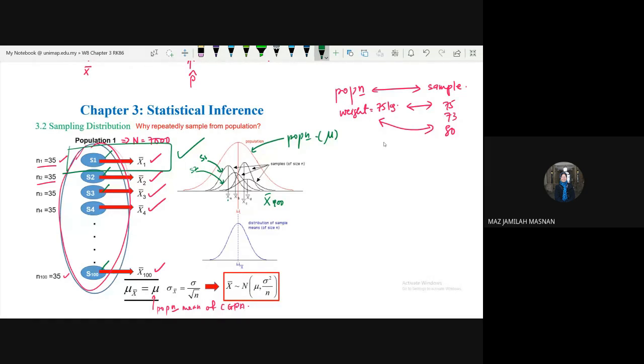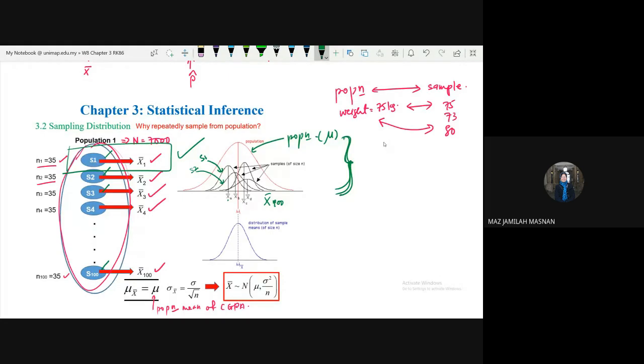What can you observe from this particular distribution, class? Can someone please tell me what you can observe from here before I give my conclusion for this sampling distribution?